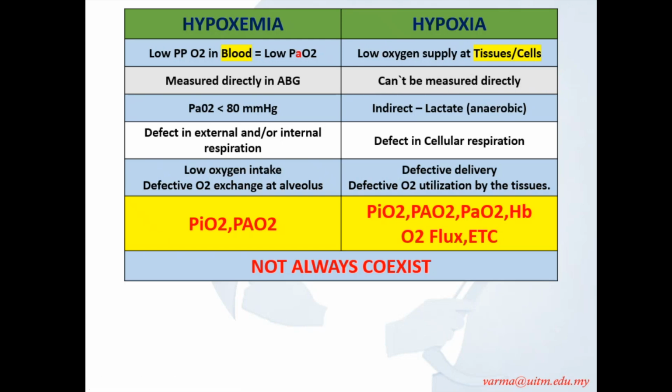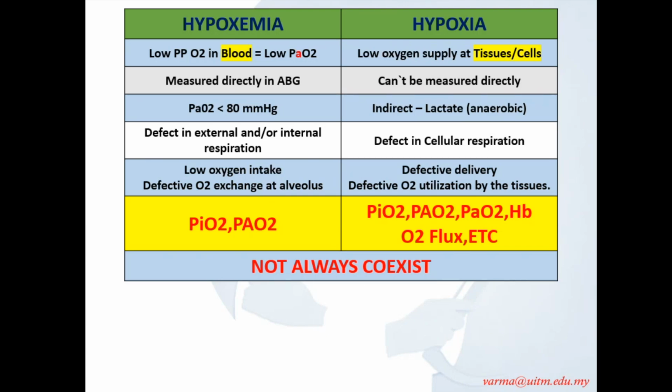The mitochondria have a very high affinity for oxygen, where they can extract oxygen at the level of Pasteur point, up to 2 millimeter mercury. So if the oxygen level drops even below that, your respiration will switch from aerobic to anaerobic respiration. And lactate is a byproduct of anaerobic respiration. Thus, an increase in lactate may indicate that anaerobic respiration is going on and the patient is in hypoxia.